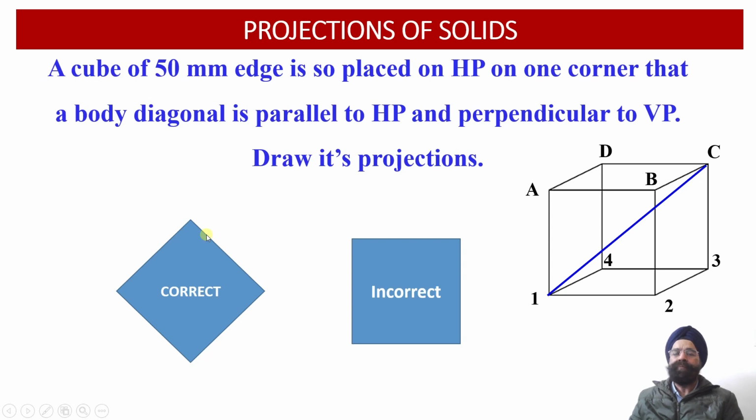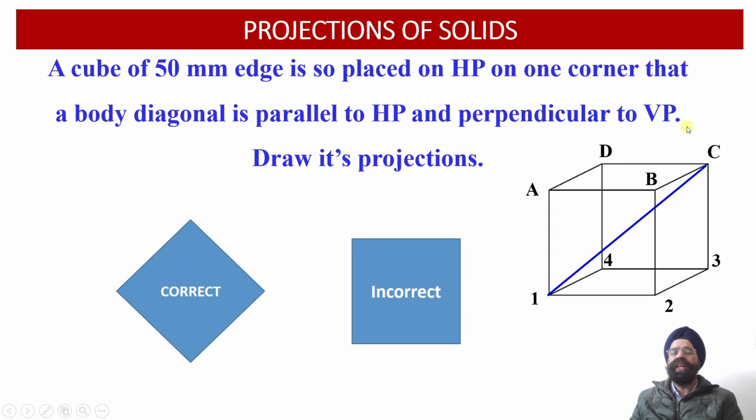So this way we are required to obtain the orthographic projections of this oblique cube when initially the body diagonal happens to be parallel to the horizontal plane, and thereafter the body diagonal is further rotated to enable it to be perpendicular to the vertical plane.